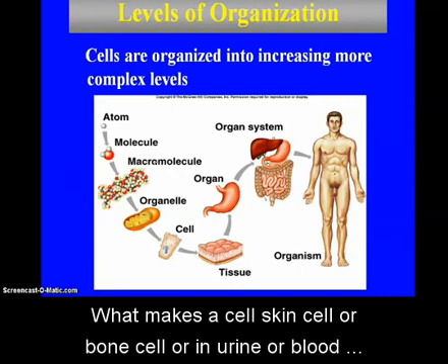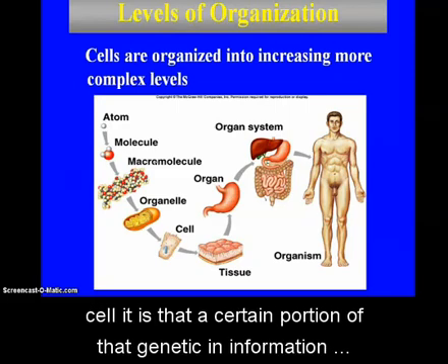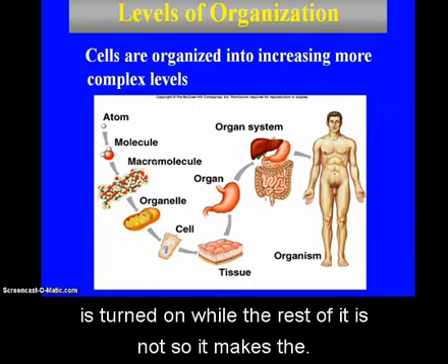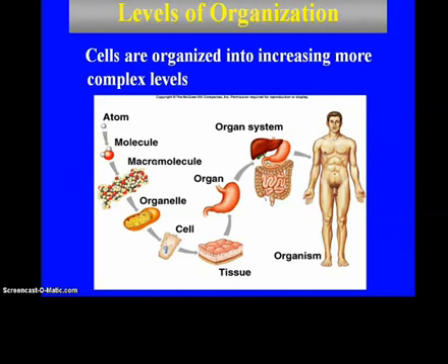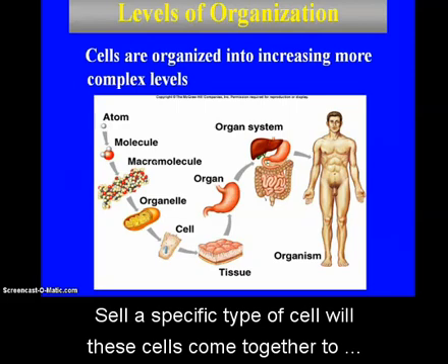But what makes a cell a skin cell, or a bone cell, or a neuron, or a blood cell? It is that a certain portion of that genetic information is turned on while the rest of it is not. So it makes the cell a specific type of cell.